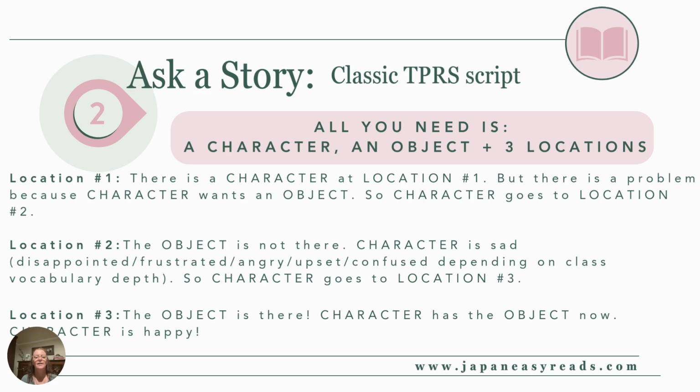And again, for super beginners, we would keep it very, very simple and straightforward. With the older classes or more advanced, you level up by adding more detail to the character, to the object, to the emotions. So it's very easy to scaffold this up and down.